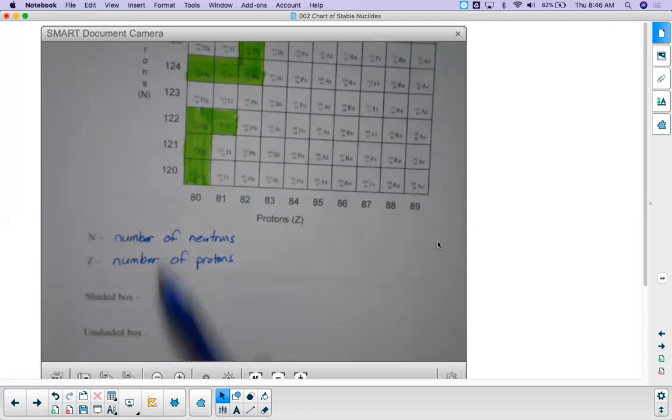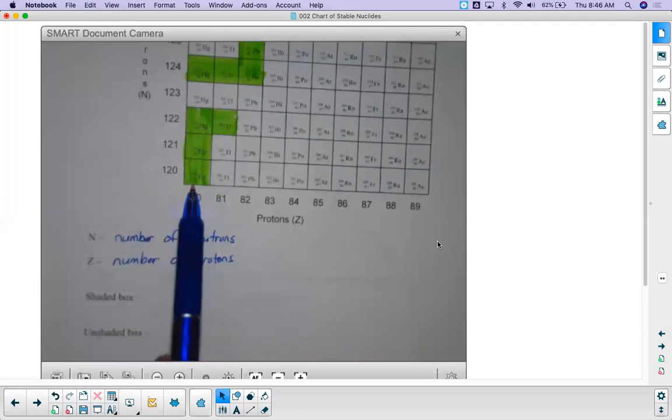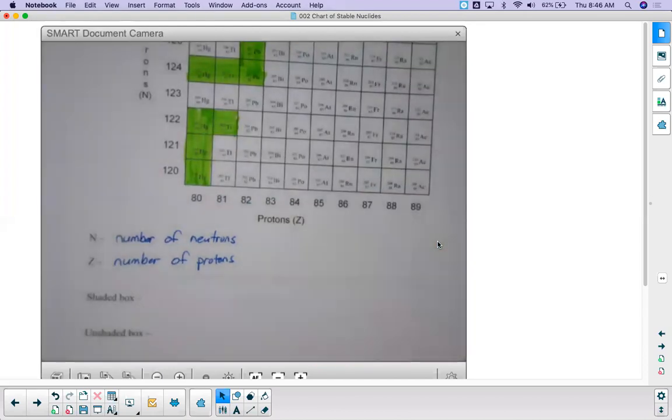Which means to get the AZX symbol in the box, you have to look at your number of protons, 80. You have to take 120 plus 80 to get 200 for your mass number. And because it has 80 protons, it's mercury. And so all the elements in the same column are going to be the same type of atom.